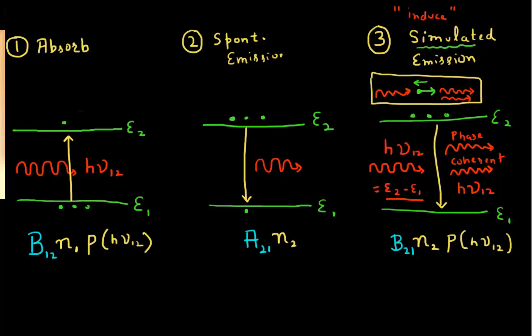And so he said the net rate of absorption should be equivalent to the net rate of emission, assuming that you are in steady state, or you have thermodynamic or energy conservation.